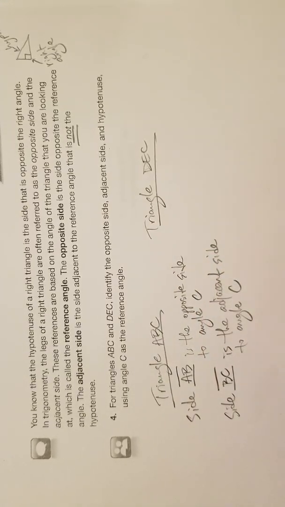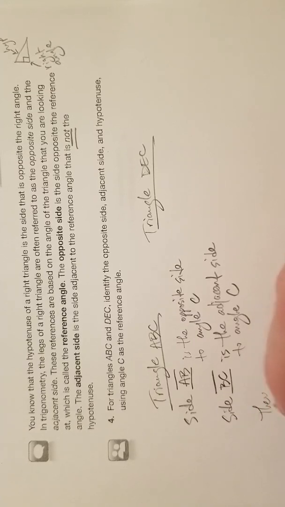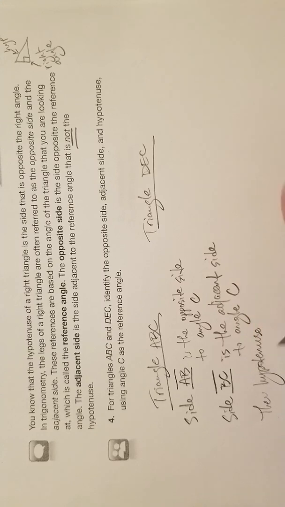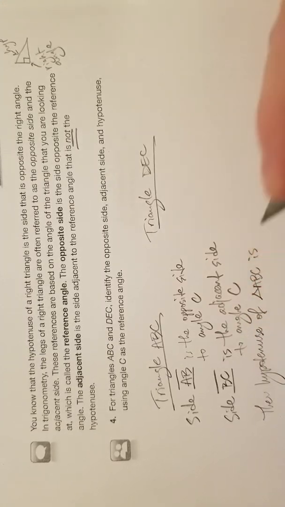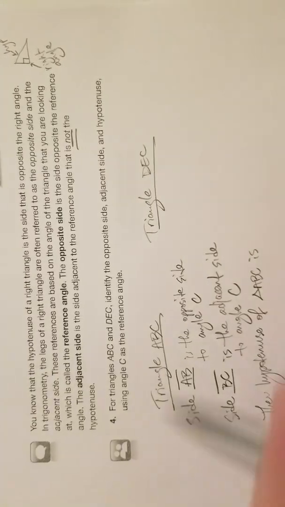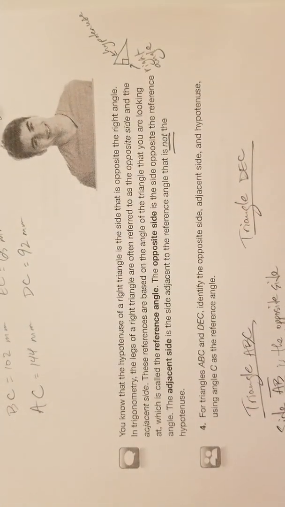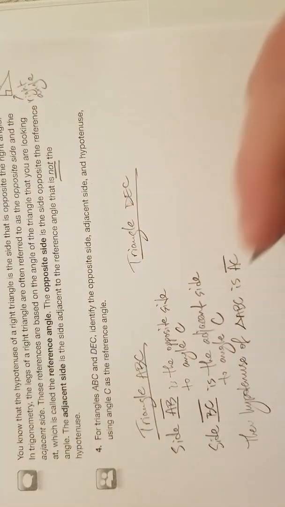Okay, and then the last one, which one is the hypotenuse of triangle ABC? Let's take a look. The hypotenuse of triangle ABC is AC.